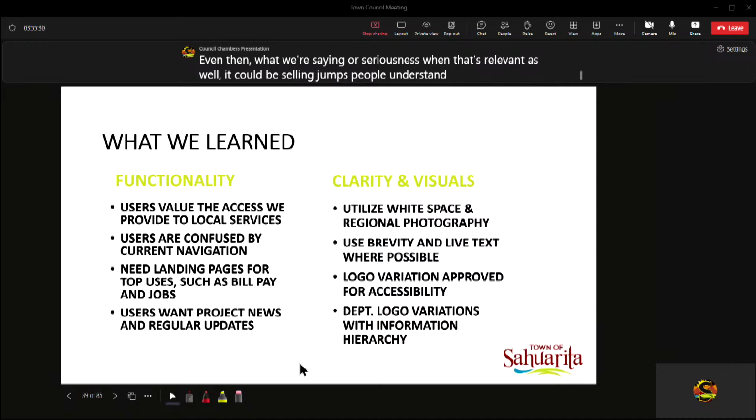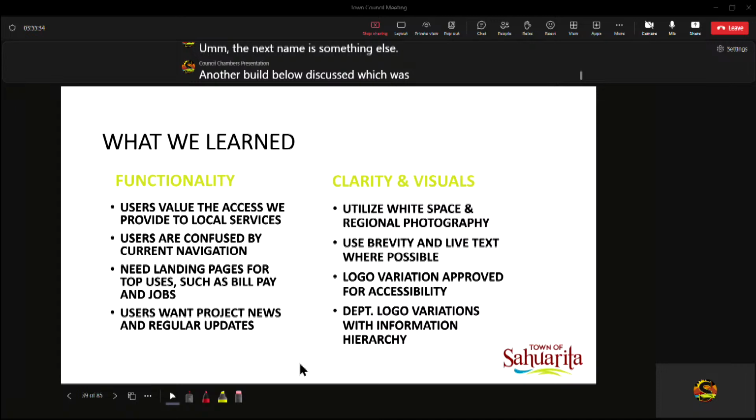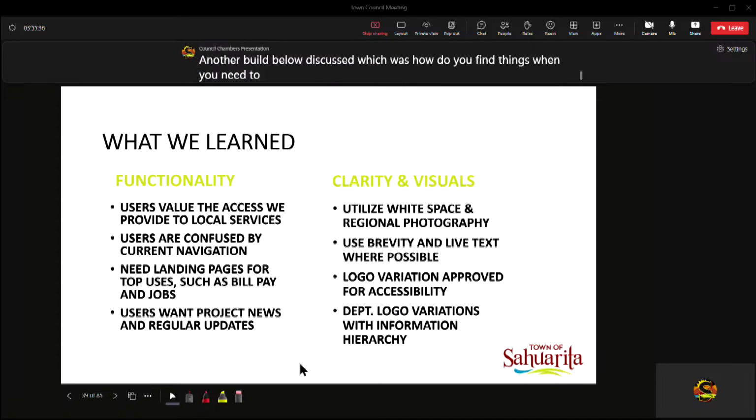The next thing is something that Councilmember Prillo discussed, which was how do you find things when you need to know right where to go? Landing pages are a great way to do that. A landing page is a singular page intended to receive a user. So from whatever channel they're currently on, say they're reading the bifold on the memorial brochure, the QR code will take them directly to a page that serves that specific person in that specific circumstance.